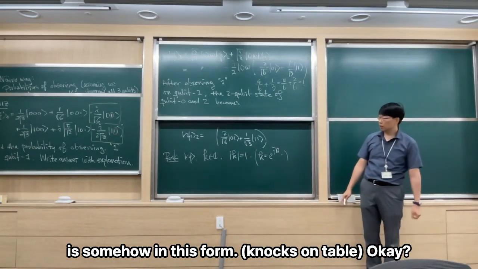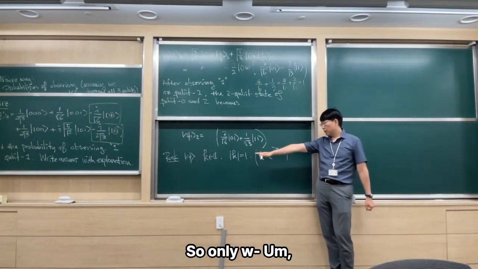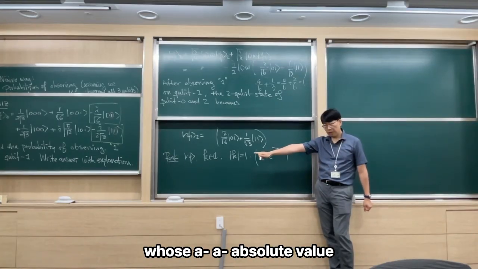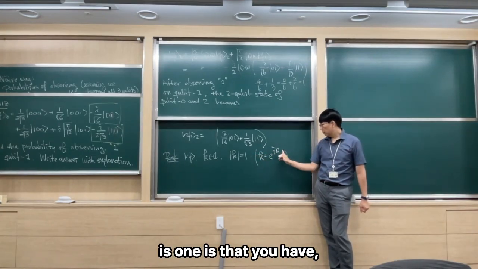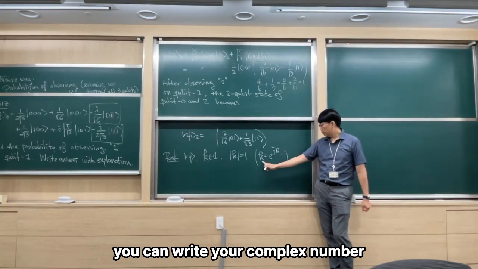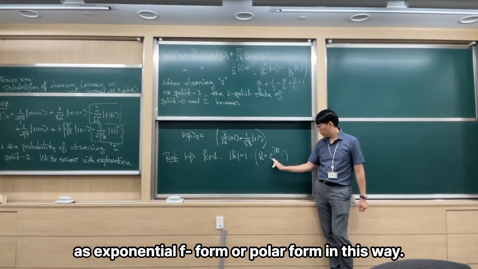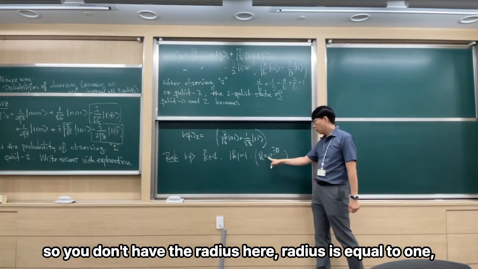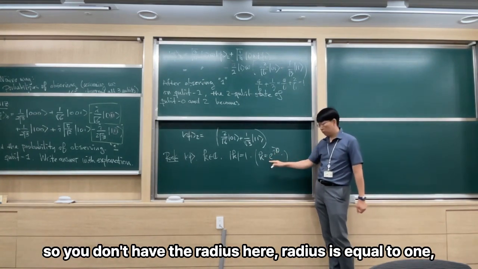The only way you can make a complex number whose absolute value is 1 is to write it in exponential or polar form, e to the power of i theta. So you don't have the radius here. The radius is equal to 1.